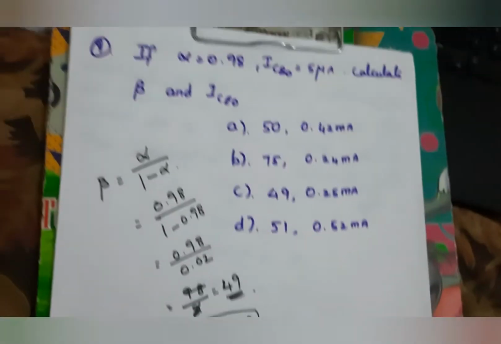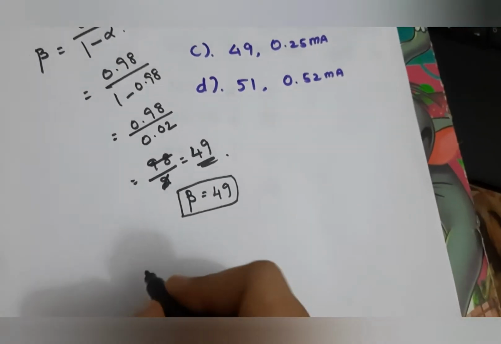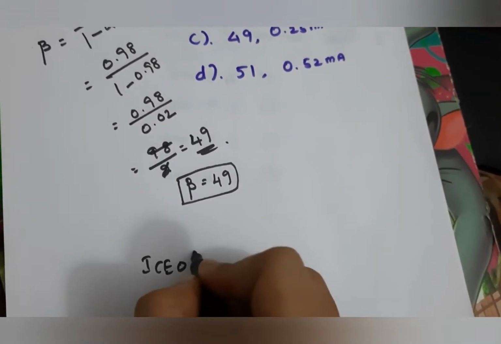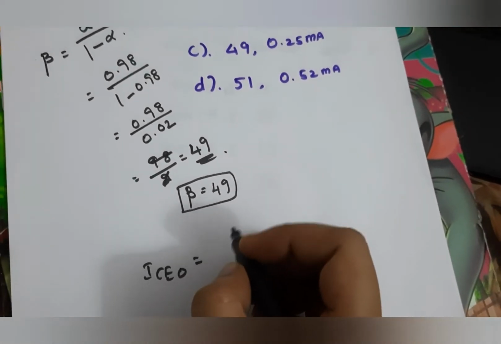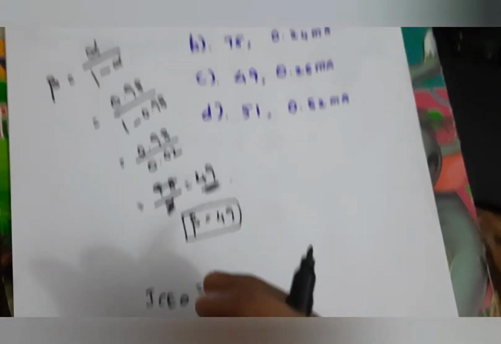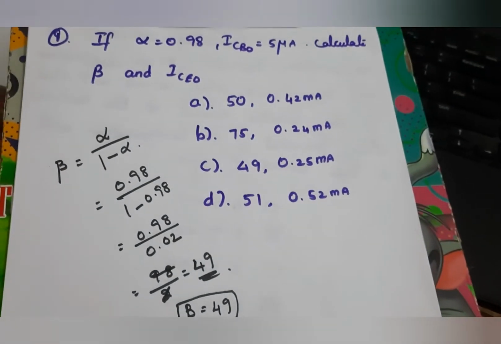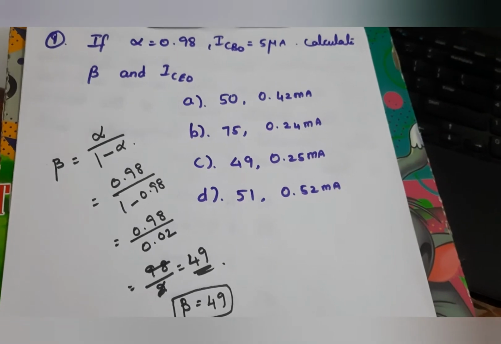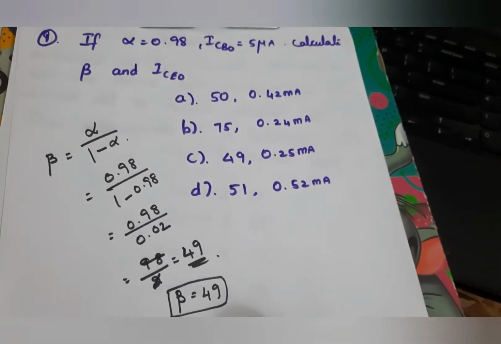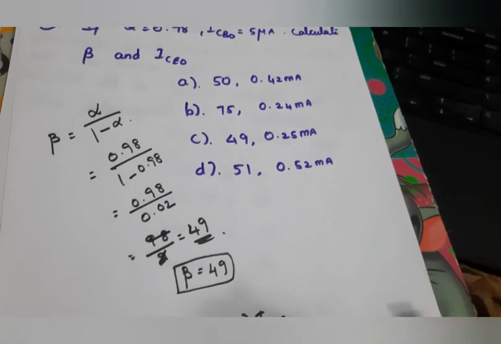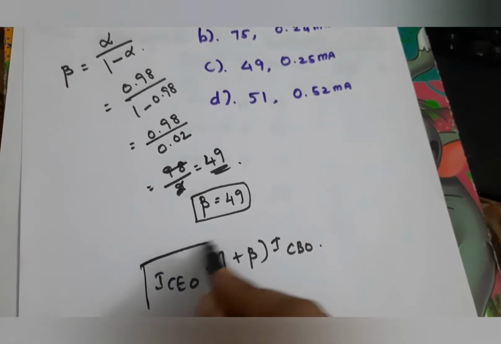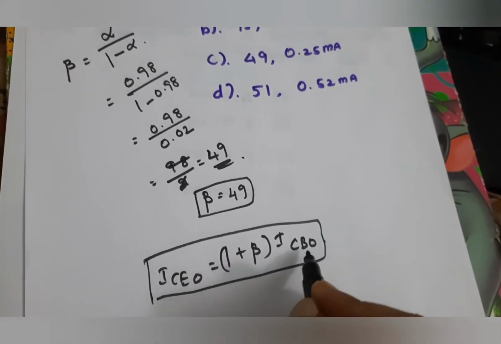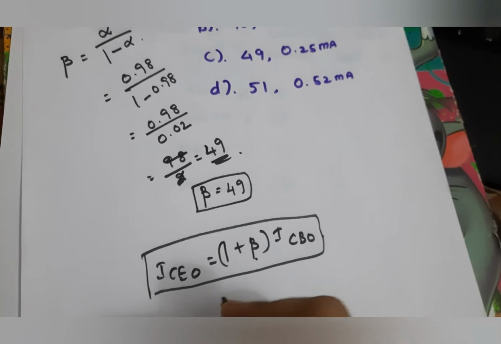And next we have to find ICEO. The relationship between ICEO and ICBO is 1 plus beta into ICBO, and we know this beta value now.